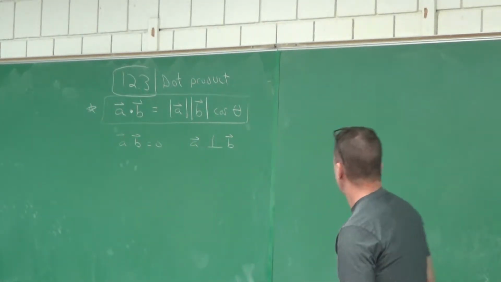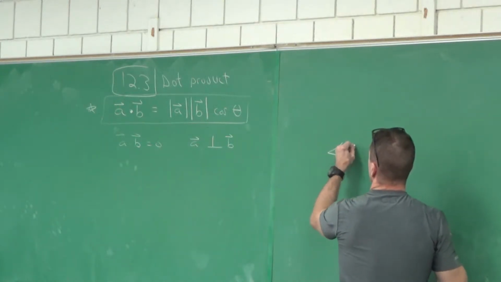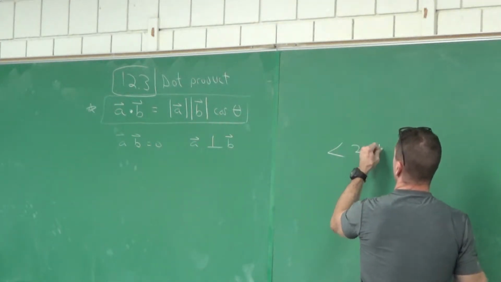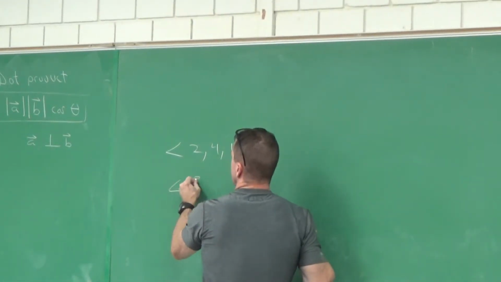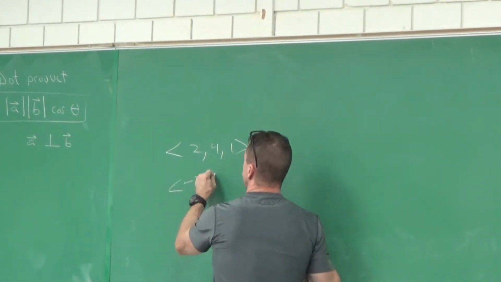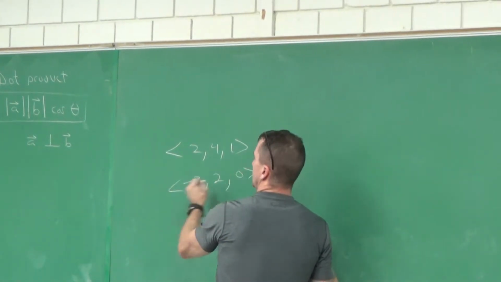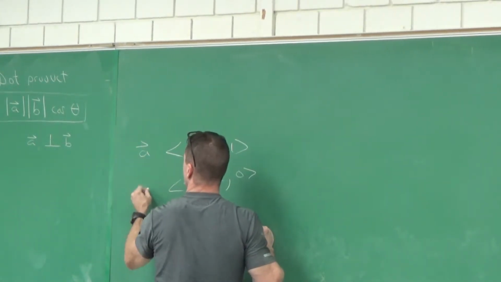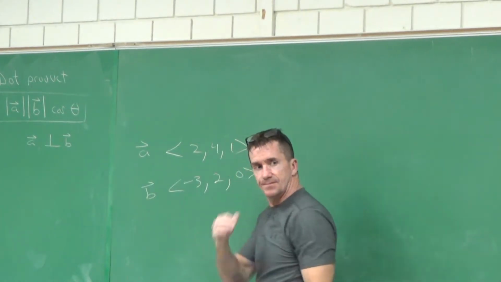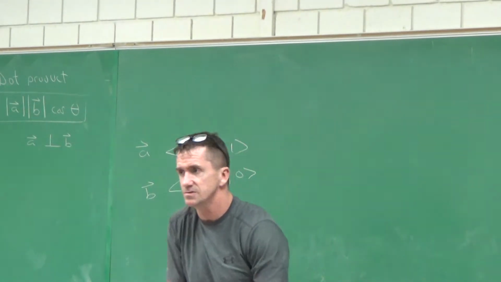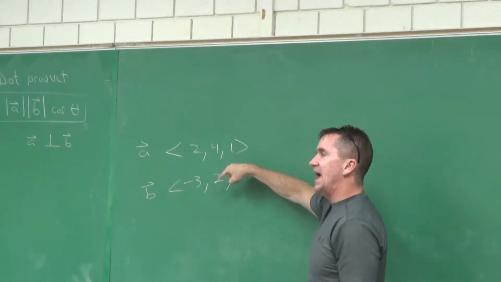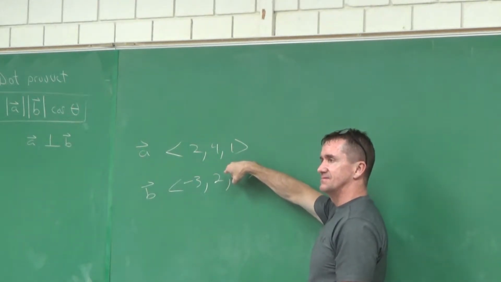So let's try that. Here's a vector, 2, 4, 1. Here's another vector, -3, 2, 0. These are three-dimensional vectors. What is the angle between these vectors?